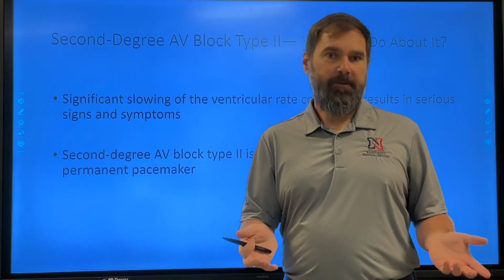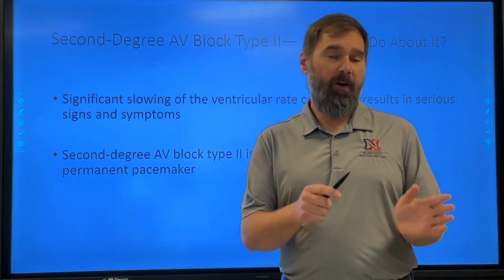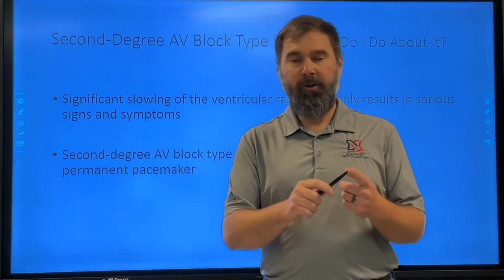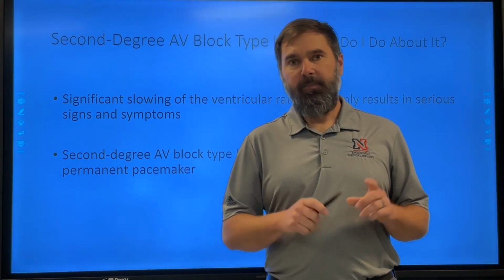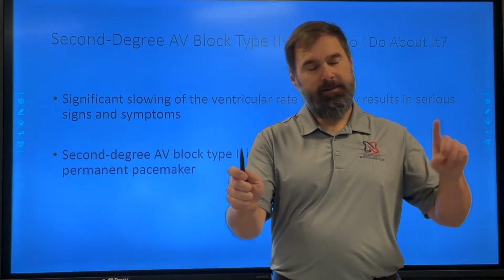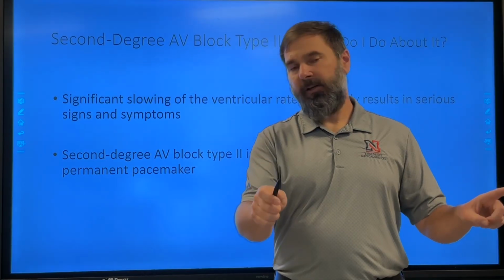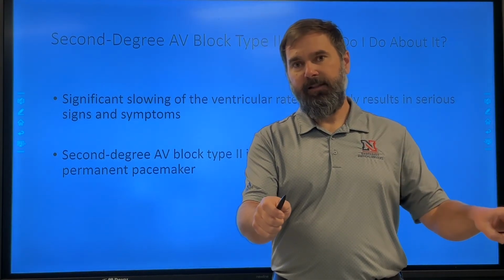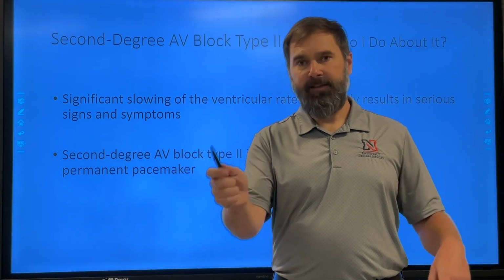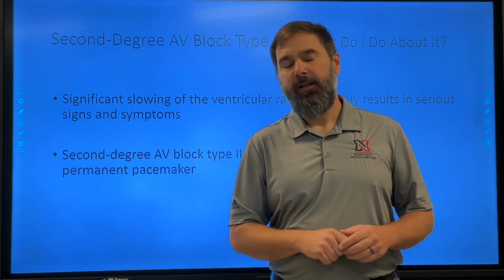You just have randomly dropped beats. Versus a type 1, where you have an increasing PRI until you have a dropped beat. The biggest difference between a secondary type 1 and secondary type 2 is the PRI. Is the PRI the same, or does it lengthen? If it lengthens, it's a type 1. If it's the same, it's a type 2.